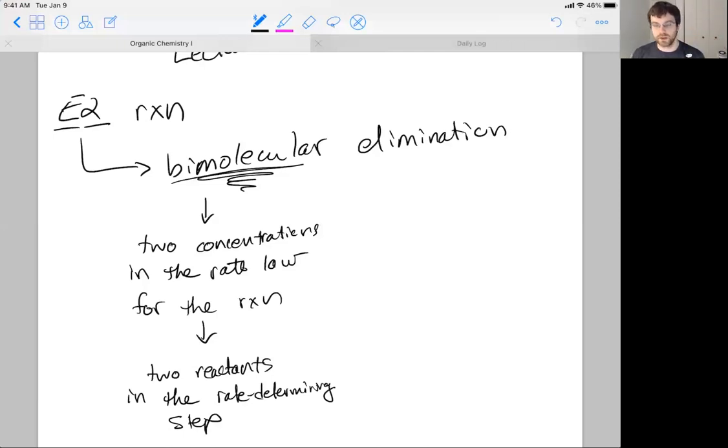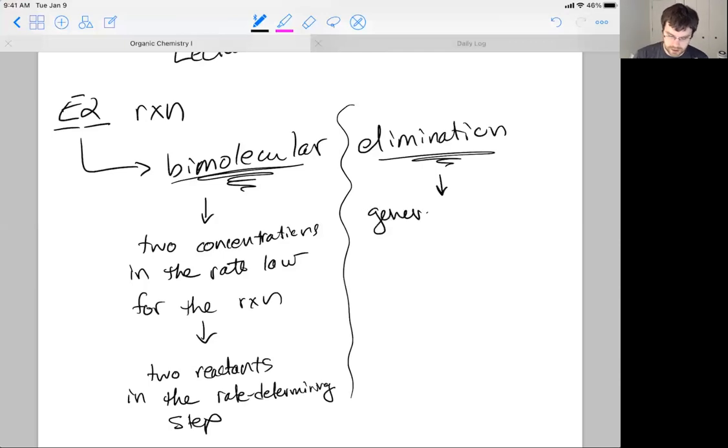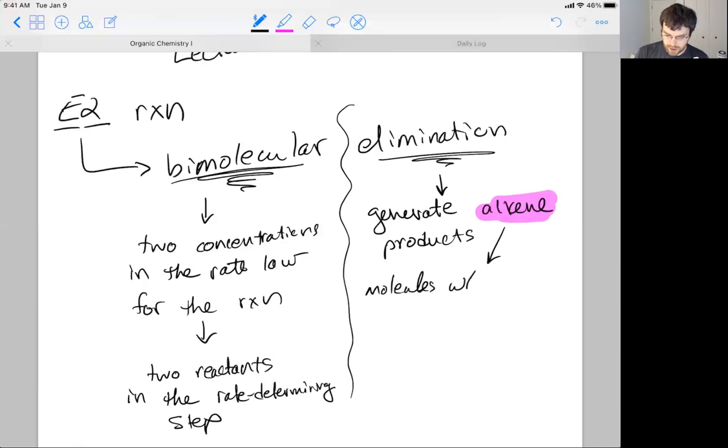Now, for us to understand this process, we have to break down the other word, which is elimination. Elimination reactions generate alkene products. Alkenes are molecules with one or more CC double bonds.